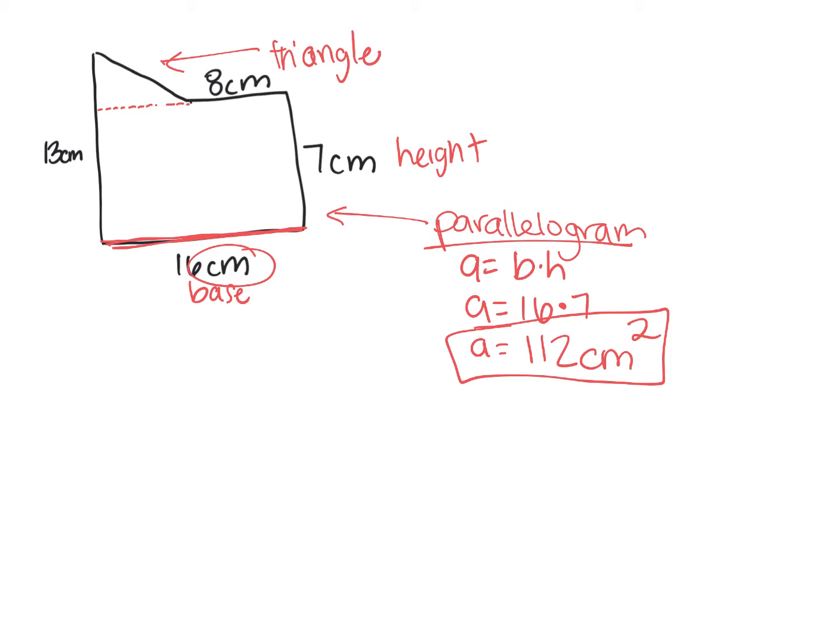But I can see that the rest of it, here, I'm underlining it in blue, shows 8 centimeters. So I'm going to take my entire base, which was 16, subtract that 8 and see what I am left with. And so I'm left with 8 centimeters. So that 8 centimeters is the base of my triangle.